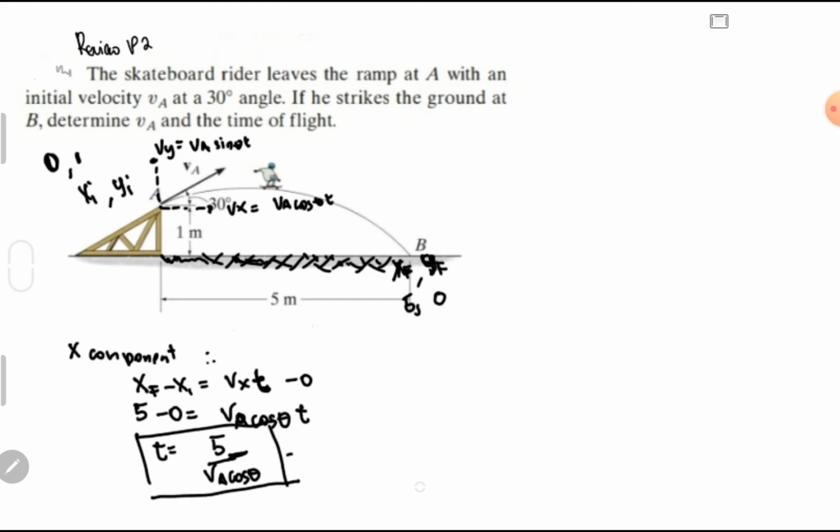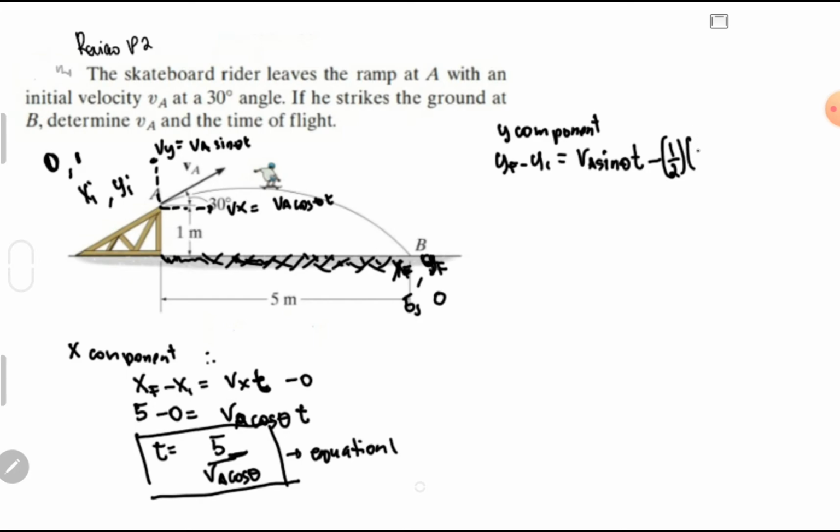That is equation 1 for your time. Next is your y component. So our y component will be yf less yi is equal to va sine theta multiplied by t less 1/2 g t squared, because the acceleration of gravity is going down and the body or the particle is going up.